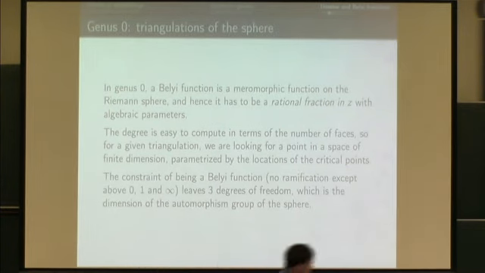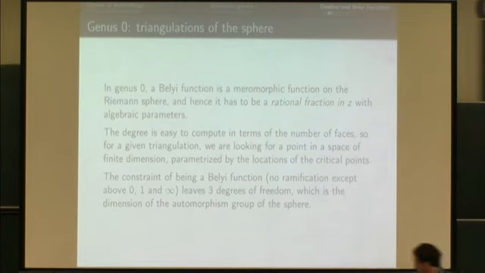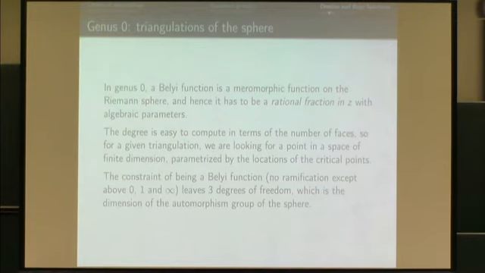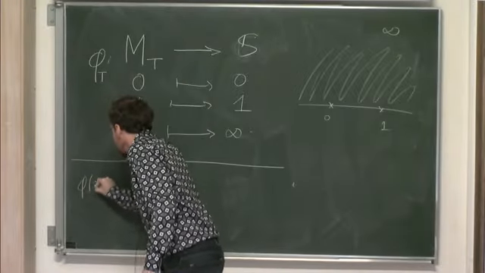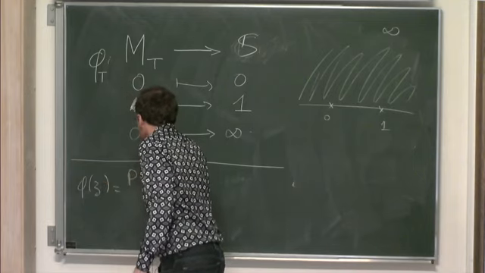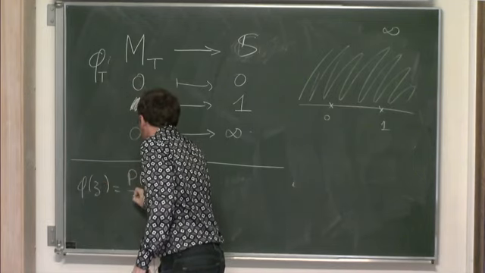There are two ways to do that. You can look at the literature on Belyi functions, on dessins d'enfants, that's the object behind, and you can try to compute everything explicitly. So what it means is you want to write phi of z as p of z over q of z.